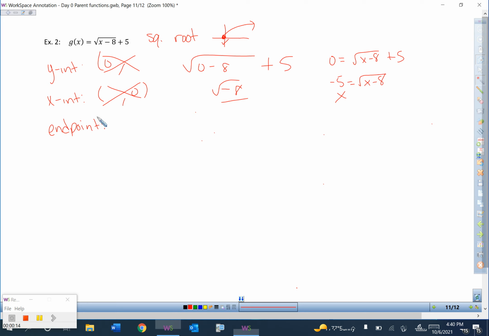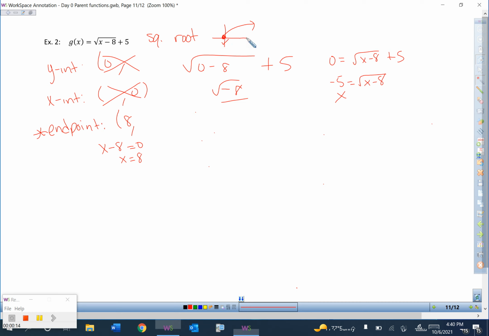How you can kind of look out for yourself on these weird graphs is starting with the endpoint. That'll tell you where your graph is to kind of help you with knowing whether x-intercepts or y-intercepts should happen. Remember, all you have to do to find the special point is set whatever is in the grouping symbols equal to 0. So I know the x value of my endpoint is 8.